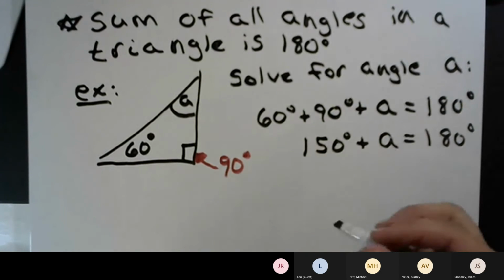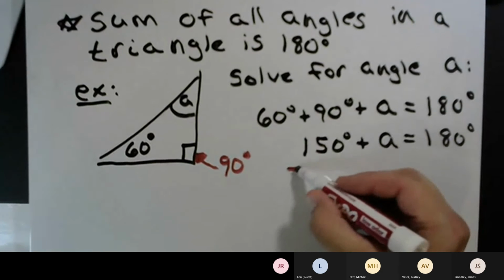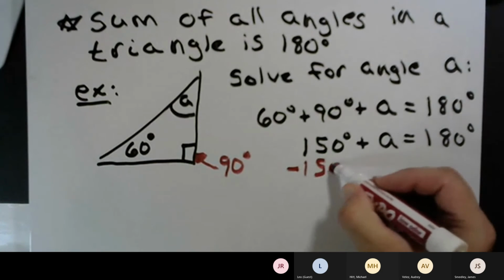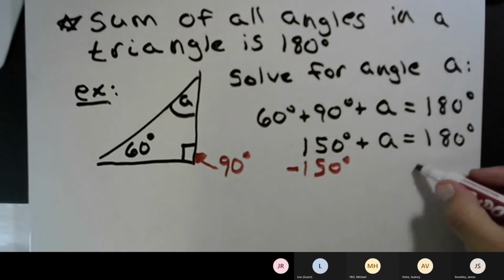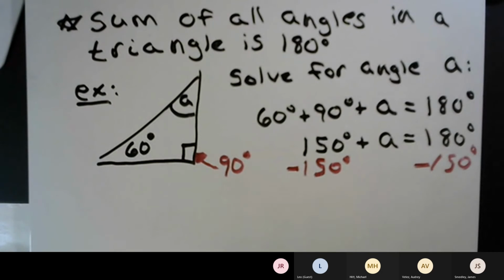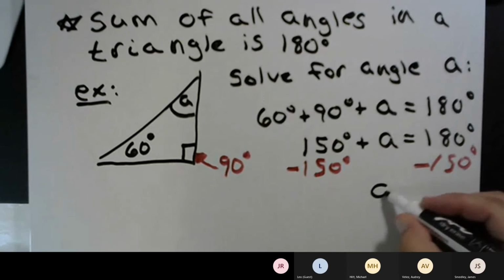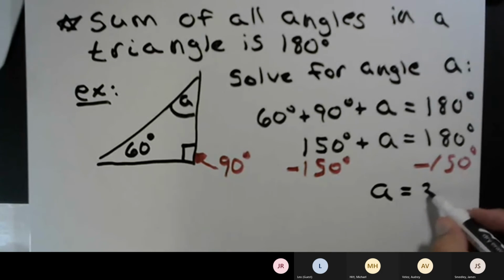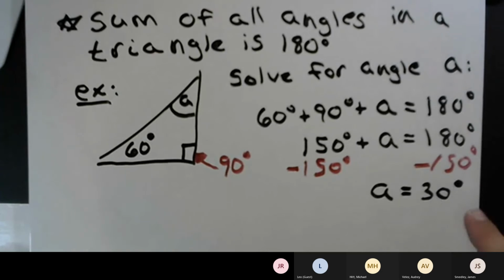So I want to cancel the 150. We have a positive 150. We cancel it by subtracting 150, and we better do that to both sides because we have an equal sign. What we do to one side, we do to the other. And so we're going to get A is 30 degrees.